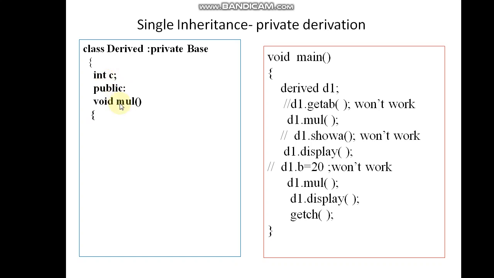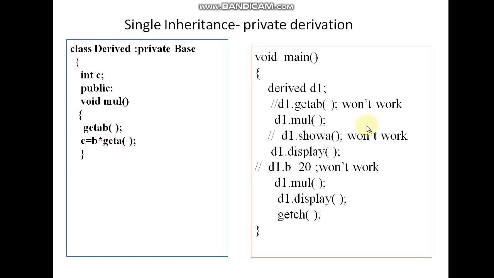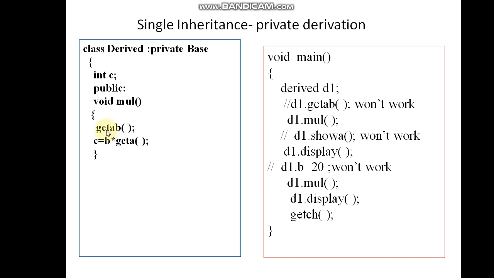Multiplication is a function which calculates the multiplication of B and A. Before calculating this multiplication, we need to read the values of A and B from the user. So we cannot call it in the main function. We can call it inside this multiplication function as the getAB function is a private member of this derived class. It can be called inside the class but not outside the class.